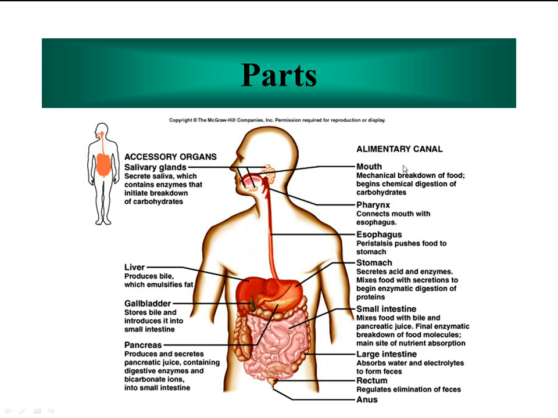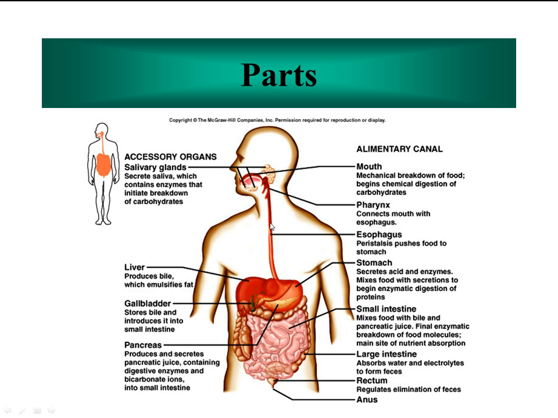Okay, so it starts out with the mouth and goes to the pharynx, and the pharynx is broken down into two parts, and we'll go over that in just a minute. And we already looked at the trachea. Now let's look at the esophagus.